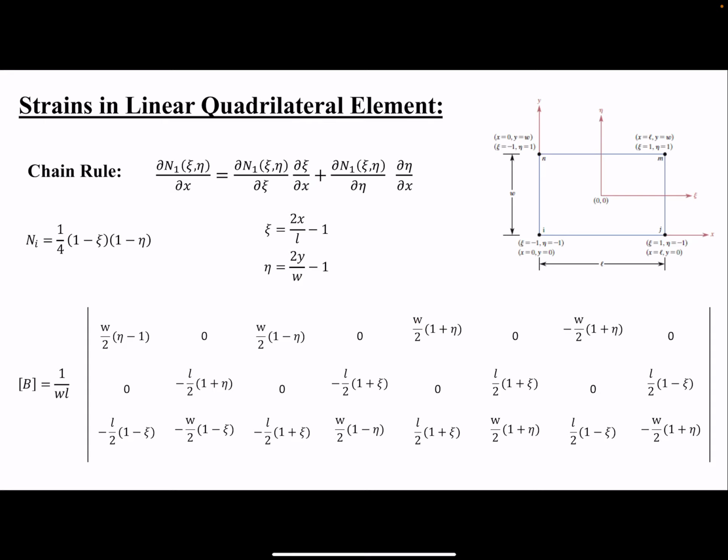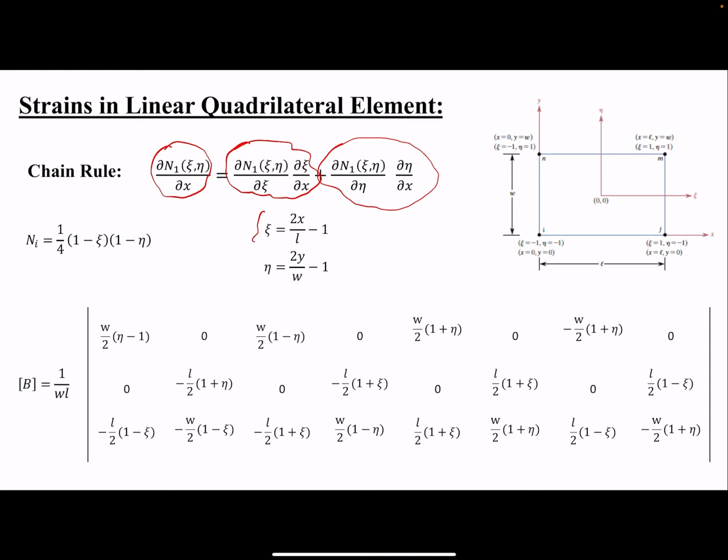Here I'm going to actually do the math to find the B matrix. According to the chain rule, if I have my shape function with respect to x, because the shape function is given in terms of my local coordinate, I need to use the chain rule. So N with respect to Kc, Kc with respect to x, same thing with respect to eta, eta with respect to x.